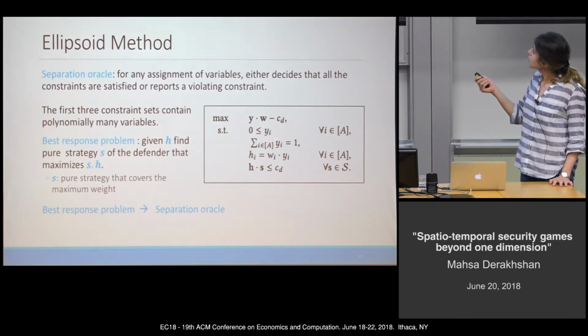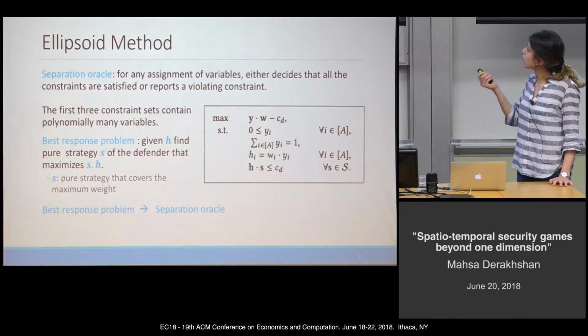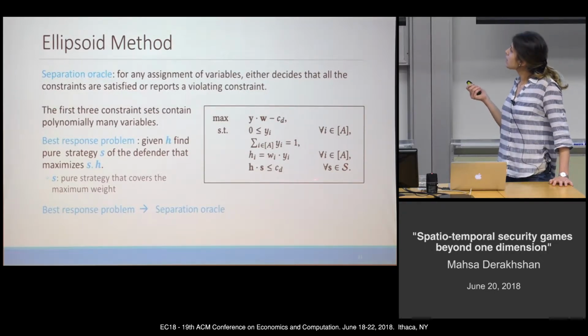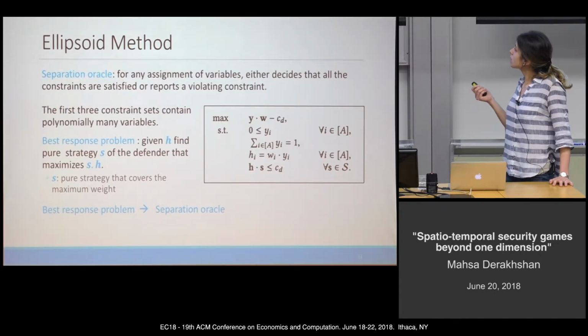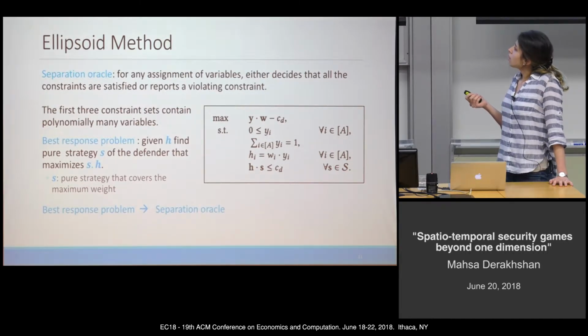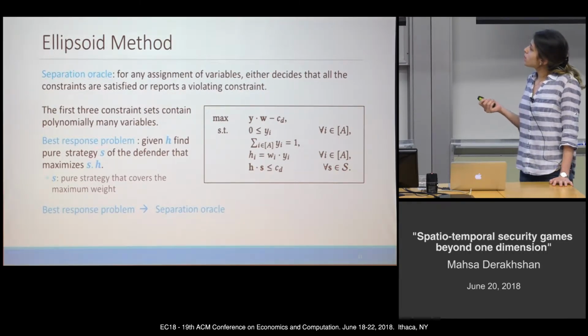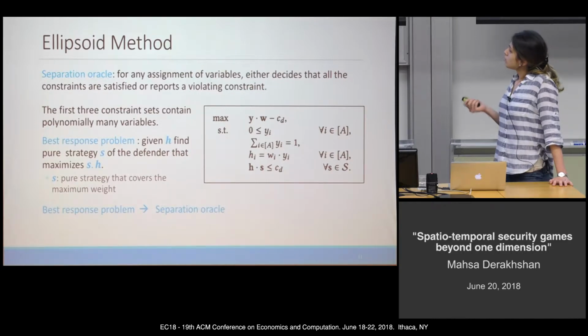Here, the first three sets of constraints are polynomially many constraints. The only set that we care about is this last one, which has exponentially many. We define this problem, which we call the best response problem, and we use that for solving the separation oracle.